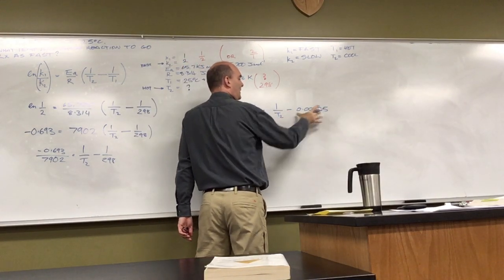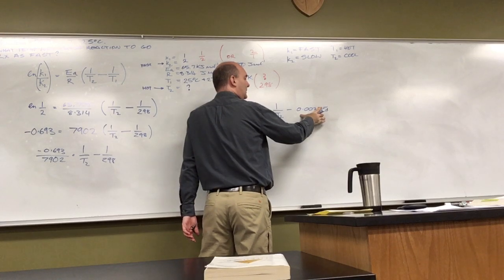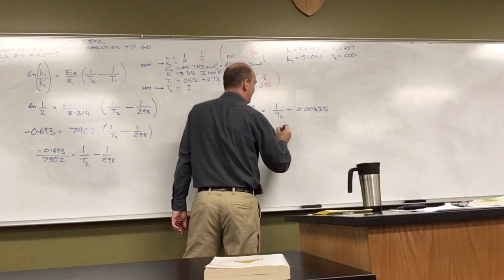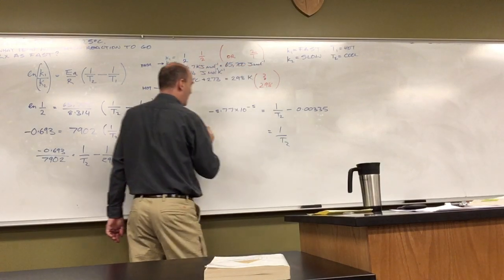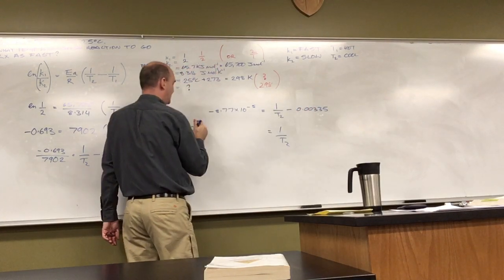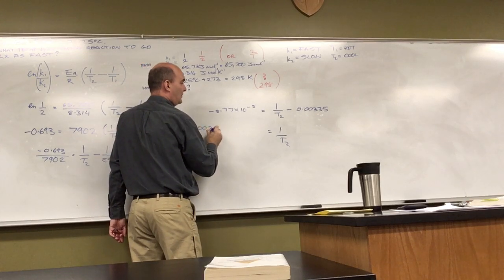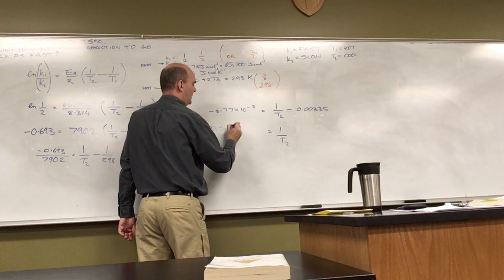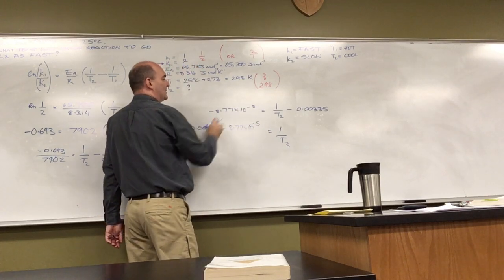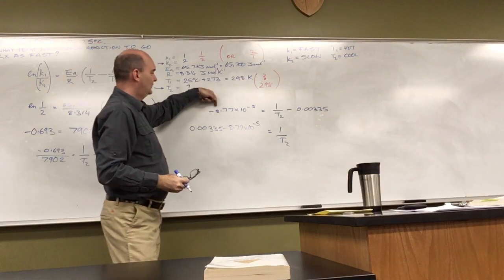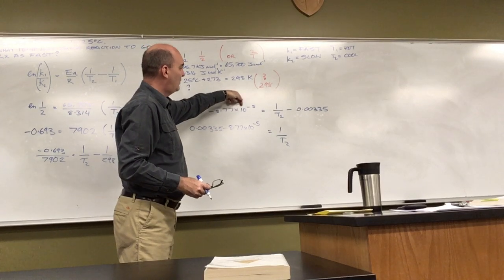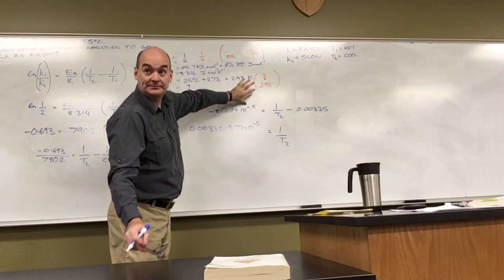I'm going to isolate this term by taking this number and moving it across the equal sign, in which case it will go positive. So 1 over T2 is now 0.00335 minus a very, very small number. Times 10 to the negative 5 means 0.0000 before that first 8.